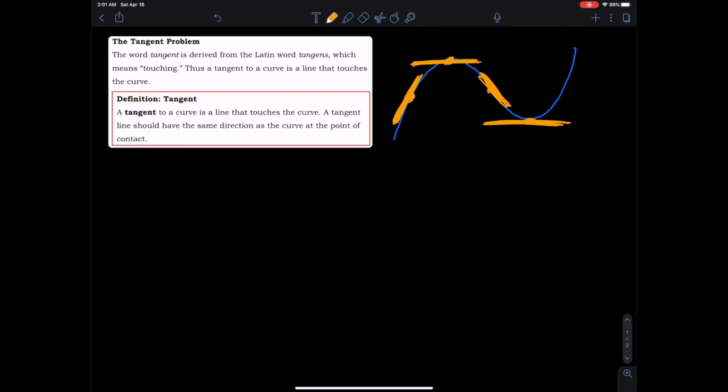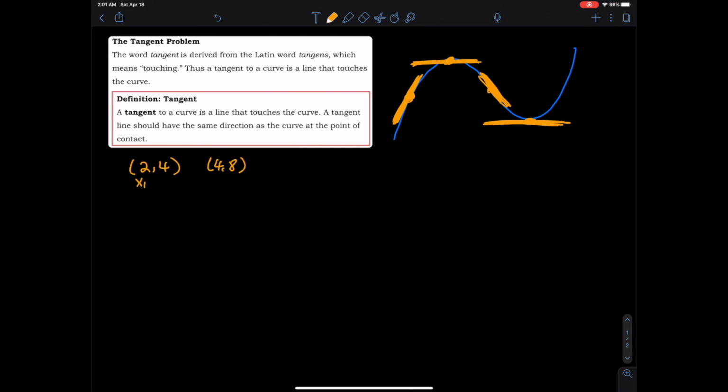Speaking of slope, how do you find the slope of a straight line? Let me give you an example. What are the basic ingredients to sketch a straight line on the xy plane? You need 2 points. Let's say we have (2, 4) and (4, 8).